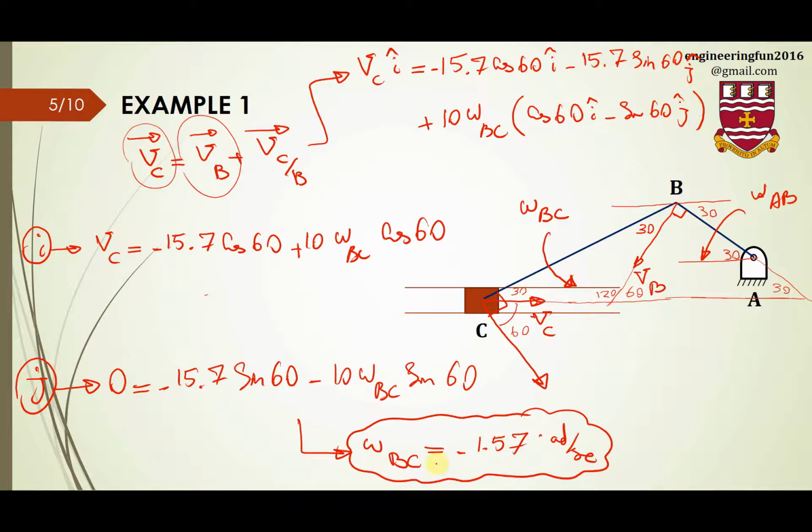And if I substitute that number here, I can find VC. So this is minus 1.57 times 10, which is minus 15.7. We have another one here, so that will be minus 2 times this guy, and cosine of 60 is 1 over 2, so that 2 with the other 2 will be cancelled out. So that will be minus 15.7 meter per second.